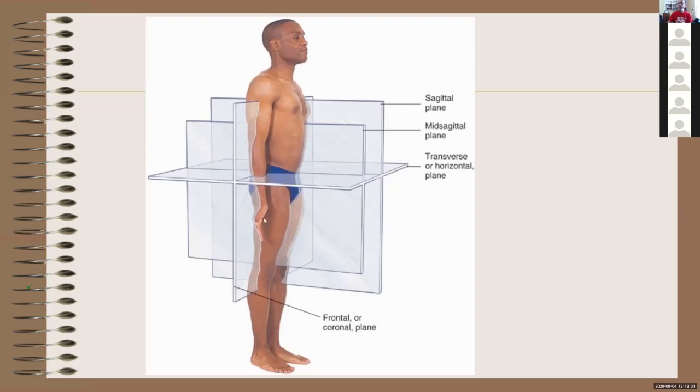Then you have that frontal section. It's also known as a coronal section or a coronal plane, simply because if you were looking at somebody's head, you would almost see like a corona around it. If you had that plane covering the head, almost like a halo, it would create a corona.